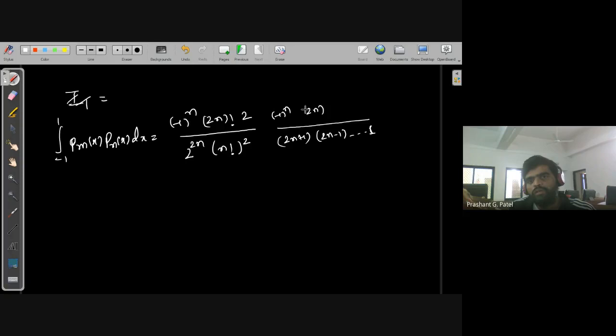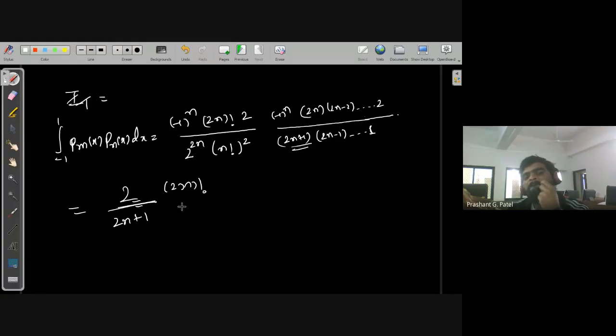So this is the quantity we have. First of all, this minus minus becomes plus, so it is plus 1. This 2n factorial is already there, and this 2 upon 2n plus 1 I am writing separately. Denominator is 2 power 2n into n factorial square.